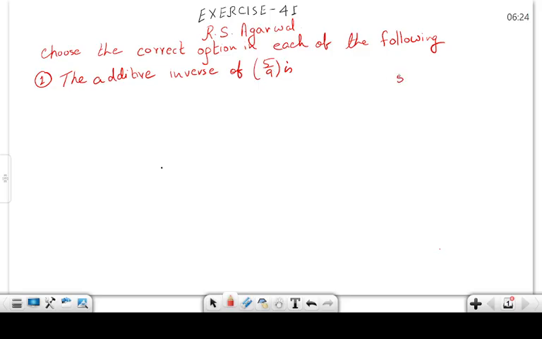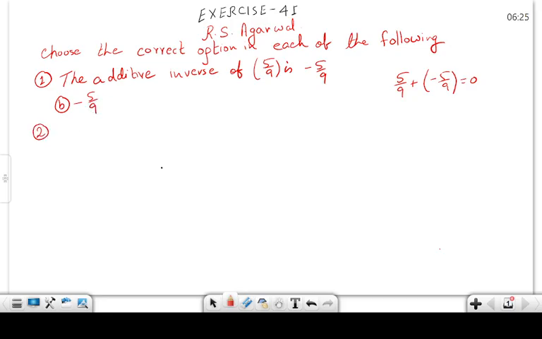That means if I add 5 by 9 with minus 5 by 9, it gives 0. Therefore the additive inverse is minus 5 by 9. So the correct option is B. The answer is minus 5 by 9.